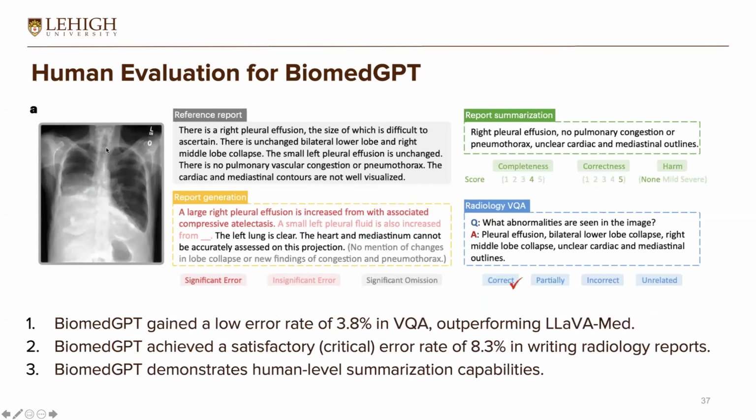So here is some human evaluation. We asked doctors from the best hospitals to test our model, and LLaVA-Med, another claimed state-of-the-art model accepted by NeurIPS. We realized that from the doctors' perspective, our performance is way better than LLaVA-Med, and LLaVA-Med on many tasks totally failed.